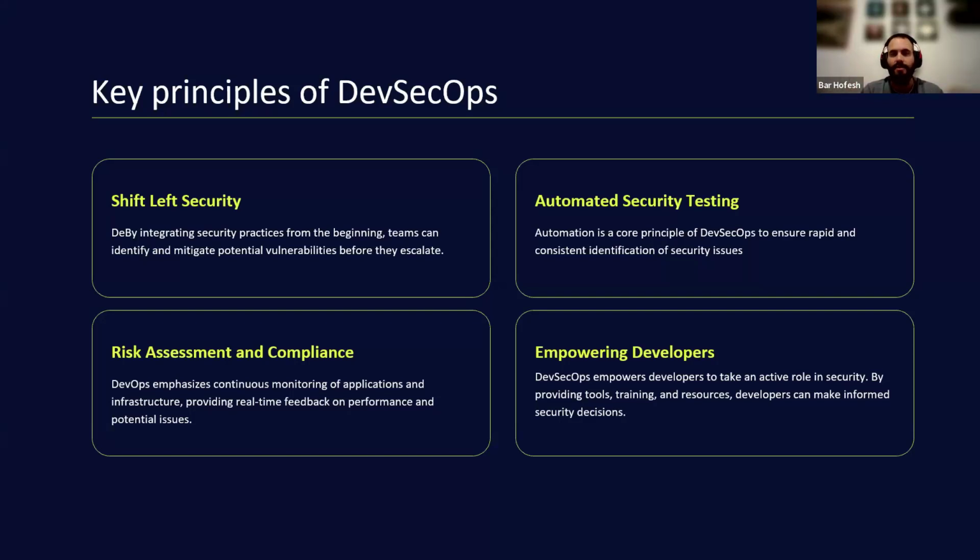Automated security testing. Now that we have the ability to integrate into the CI/CD pipeline, into the SDLC lifecycle, it means that all of those automated tools that DevOps added to the development process can now be used for security.